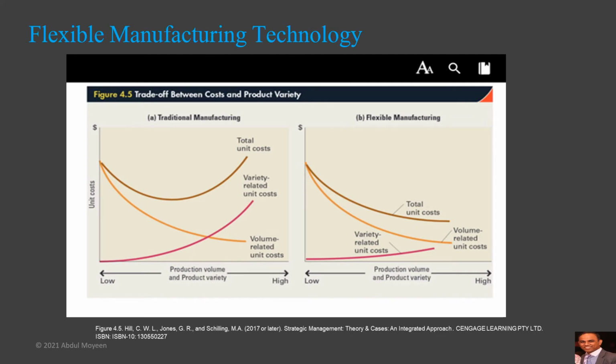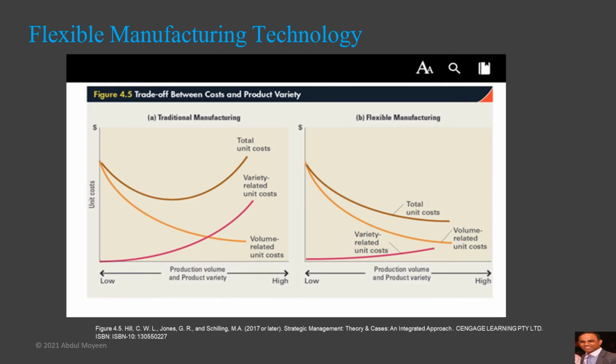If you can see the figure on the left hand side, it shows that when a company produces standardized product under traditional manufacturing technologies, their per unit cost goes down.